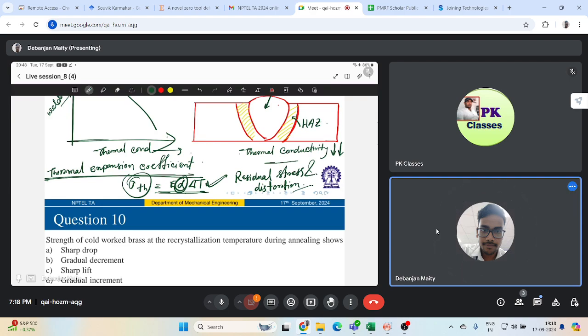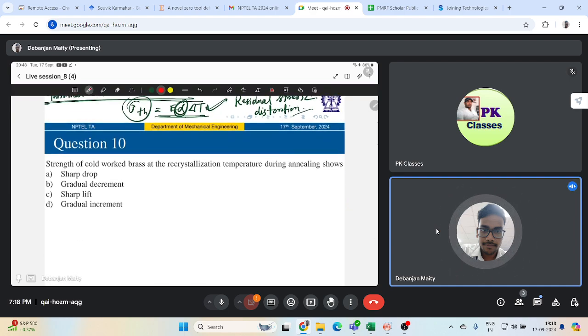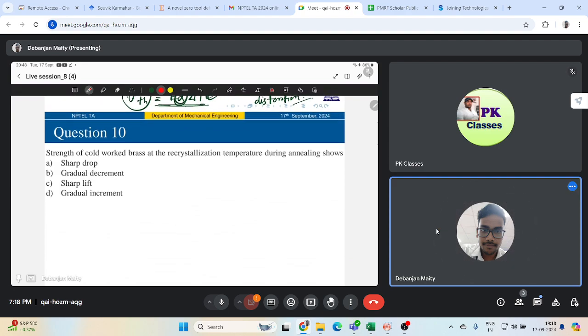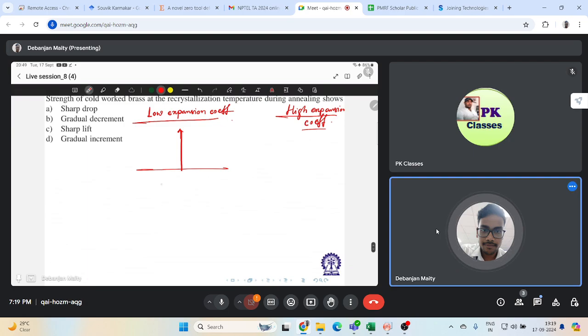Okay, so again I will draw some graphs. So for low expansion coefficient metals, if you see the residual stress in your welded structure, let's say my welded structure is something like this.